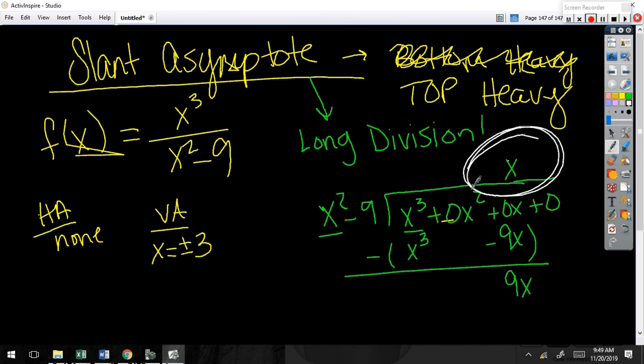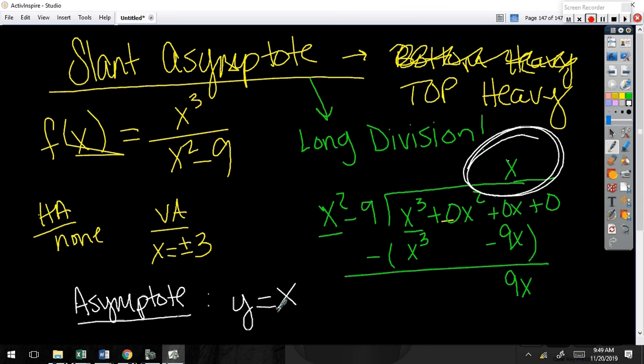That tells me that I have a slant asymptote at y equals x. So I've got positive 3, negative 3, and then the line y equals x as an asymptote.